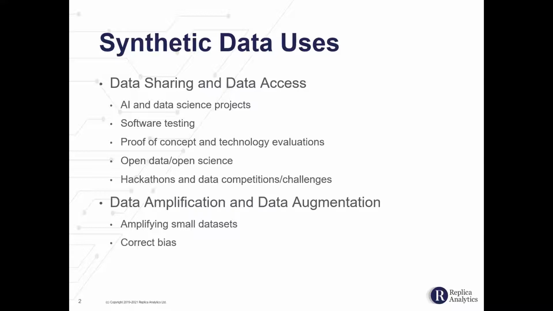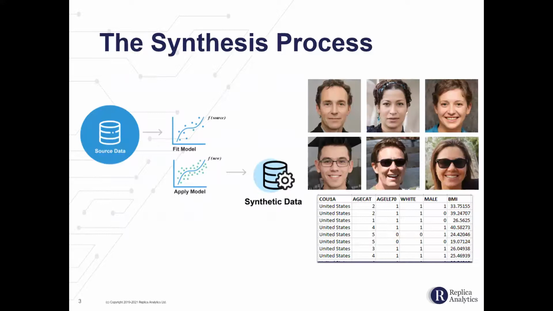So given these particular use cases, let me explain to you how synthetic data is generated. So you essentially start off with a source data set or a real data set. This would be an identifiable data set of some sort, an EHR data set, claims, clinical trials, pharmacy data, etc. And then you build or you fit a model that captures the patterns and the statistical properties in this source data set.